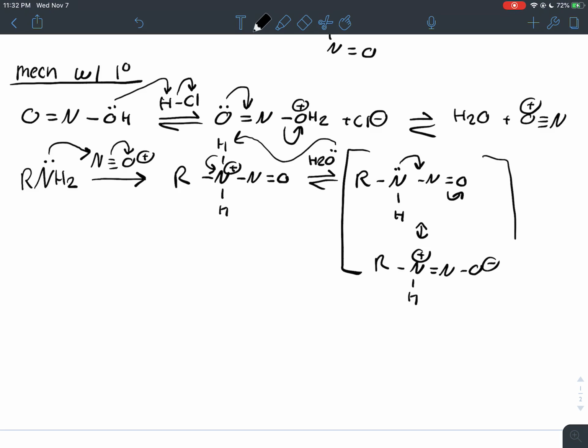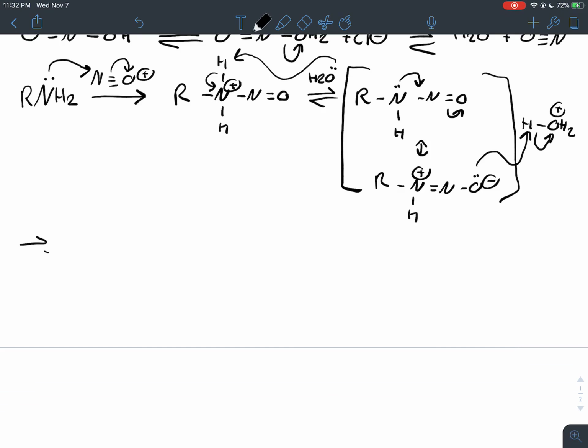So if it's more basic, what's it going to do? Another acid-base reaction with the acid that was just formed. Here we're getting closer and closer to eliminating that OH, and here the water was formed again.